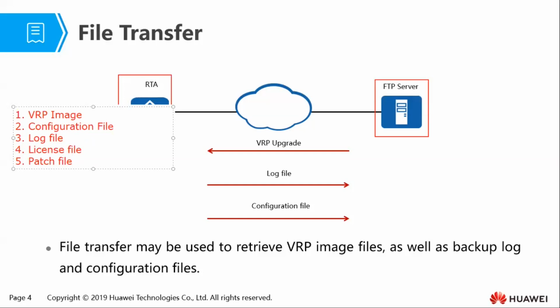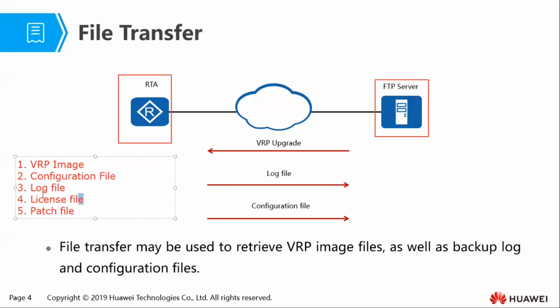As we saw in the foreword, some of these files are very important, and it is always good practice to back them up in a location that is different from the router's storage device, because there are certain circumstances that can make us lose these files. For example, you might accidentally use the format command and erase your flash memory where these files are stored.